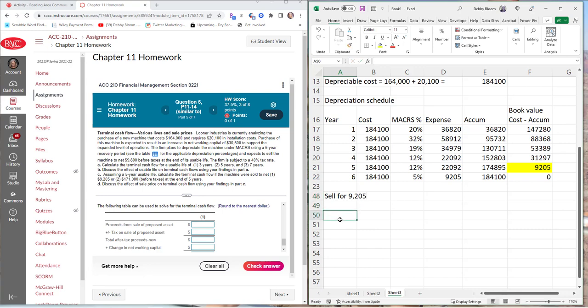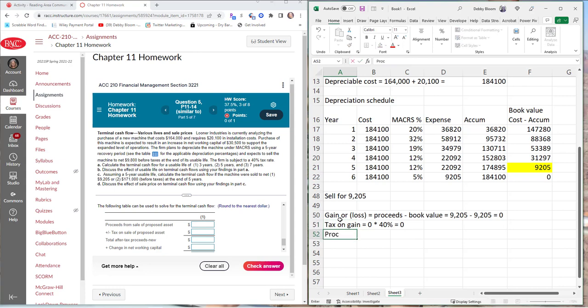the first thing that we're going to do is calculate the gain or loss, which is going to be the proceeds or the sale price minus the book value. So we're going to sell it for $9,205. The book value is $9,205. So we're just going to have 0 gain or loss. Our tax on the gain, 0 multiplied by 40%, which is 0.